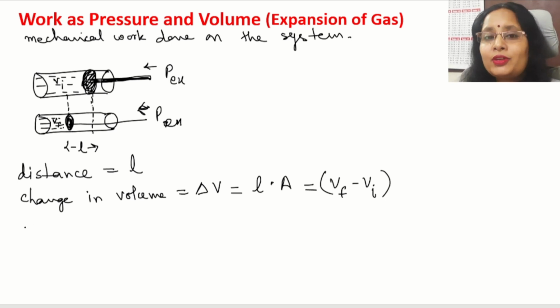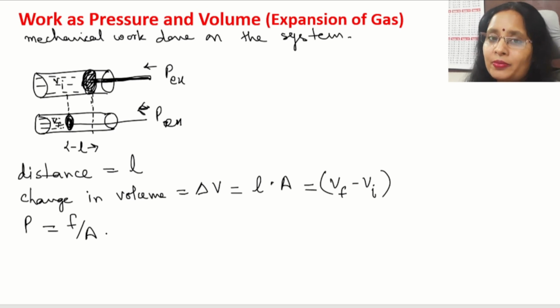One more thing we knew: in class 8 we studied that pressure is equal to force per unit area. So here the external pressure, obviously we are talking about external pressure, is equal to the force applied divided by the area. Now come to the work.